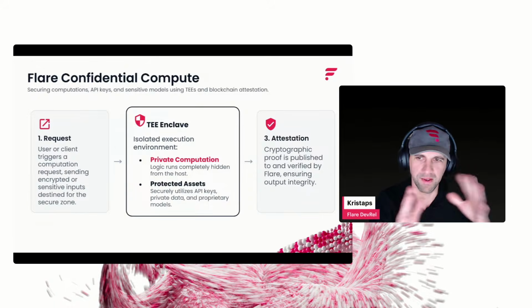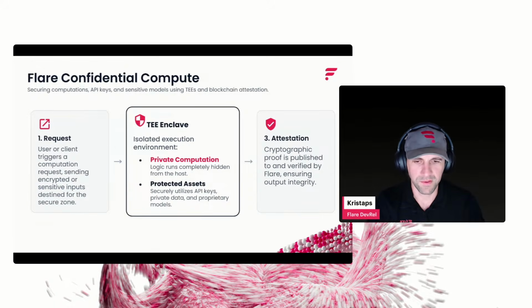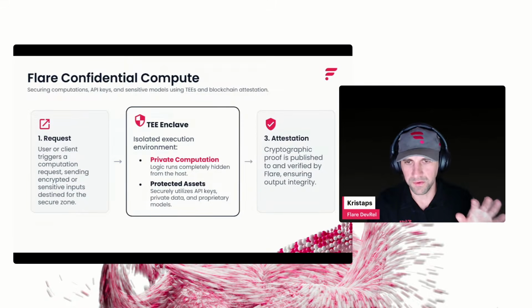And then there is the enclave, which is isolated in hardware, so no one can alter this information, and no one can write or read in this secure enclave that is secured by a hardware chip. And then once the work is done, the attestation, the proof of this work, of this instruction, is sent back to the blockchain, and that is recorded and verified by the Flare network, by the Flare Systems Protocol.